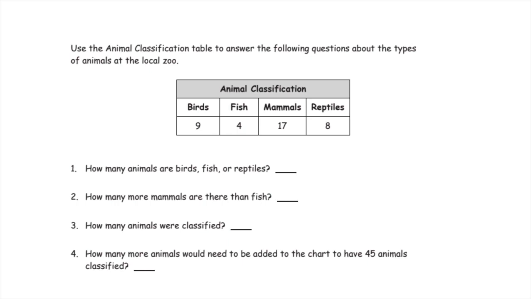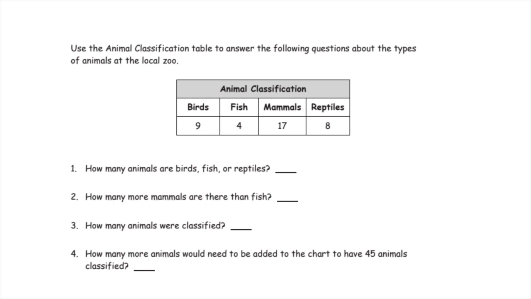The first question says, how many animals are birds, fish, or reptiles? You will need to add those numbers. The second question says, how many more mammals are there than fish?